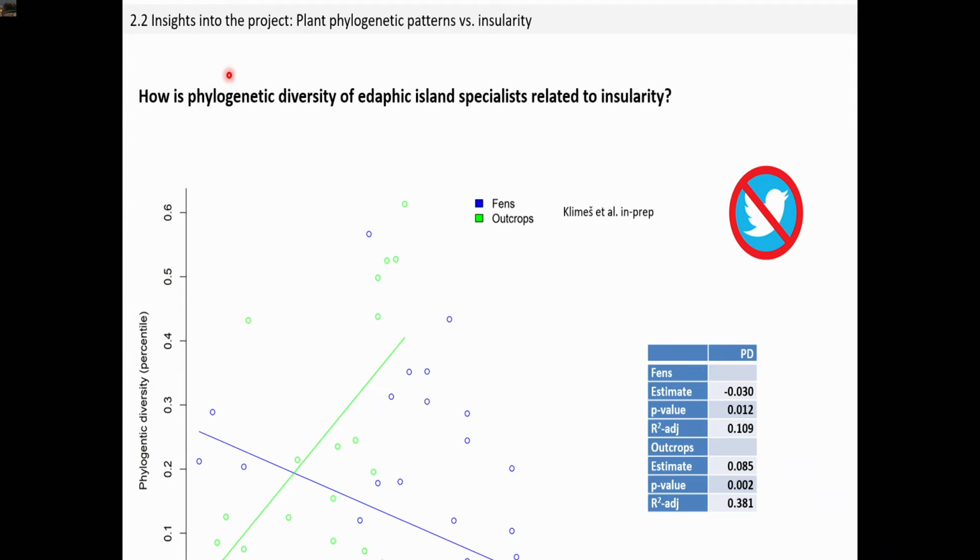So all these blue dots here are island sites that are significantly phylogenetically clustered. This is confirming what we have seen from the phylogenetic tree, and also partly aligning with what we saw from the functional analysis before. So there is a constant clustering, functional and phylogenetic, with increasing insularity.